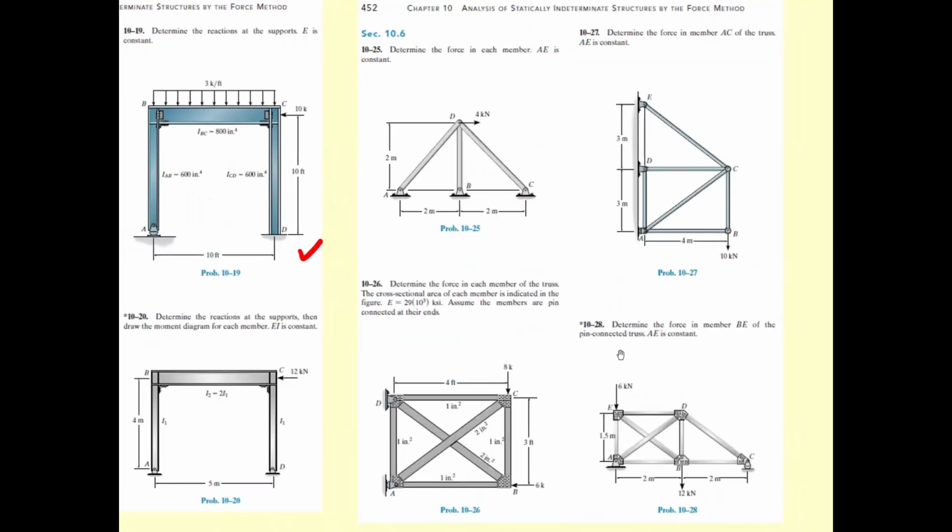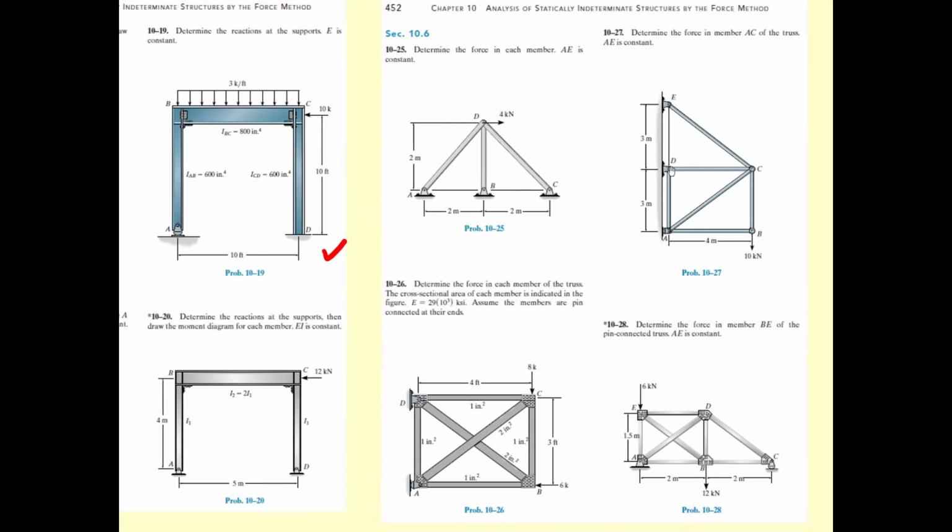For the truss, there are 2 types of statically indeterminate trusses. One, such as this one, has a pin and roller. This one has degree of indeterminacy equal to 1 because CE is the redundant member, so CE has only one unknown.